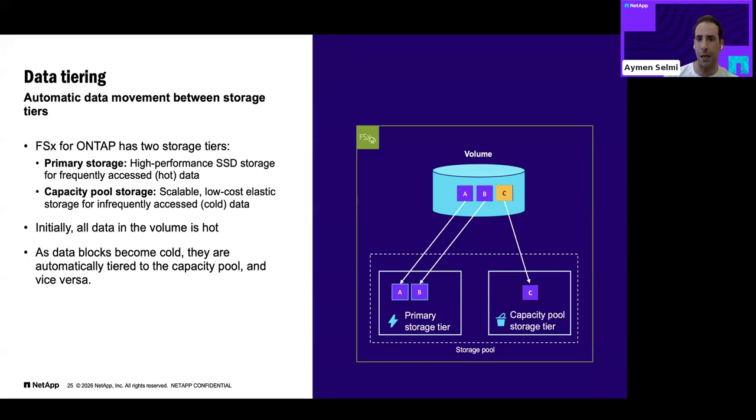By keeping active data on high performance SSD, while transparently moving inactive and cold data to the lower cost capacity pool, it reduces the high cost of SSD. In the EDA space, from my customers in the field, we see only 20% of EDA data is actively accessed, while 80% is cold. And you can imagine the gain if you move 80% out of the SSD.